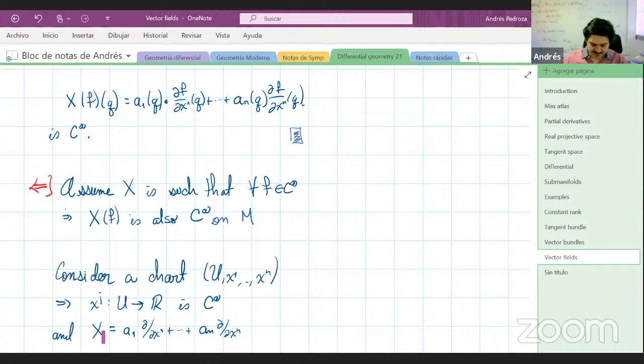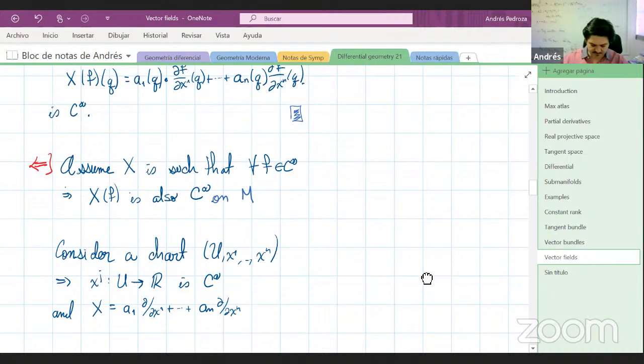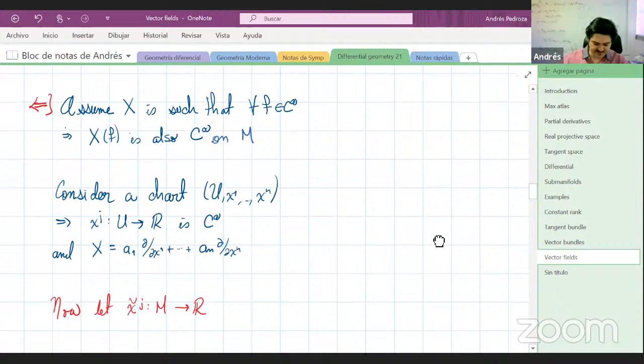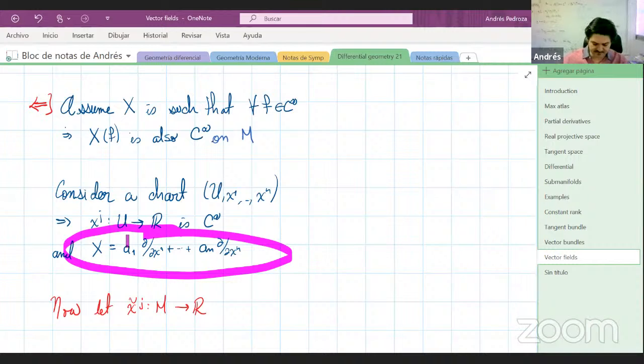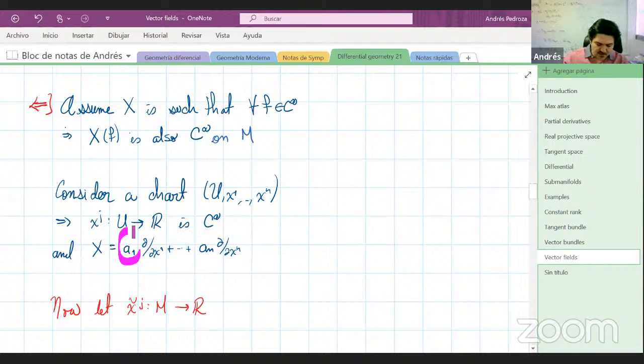So here is some technical aspect. We want to show that A1 is C infinity.